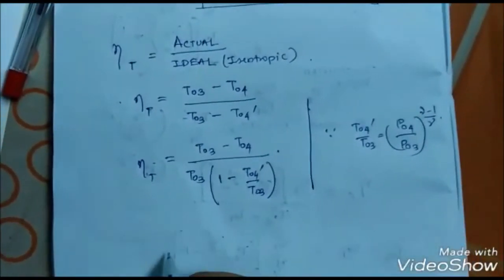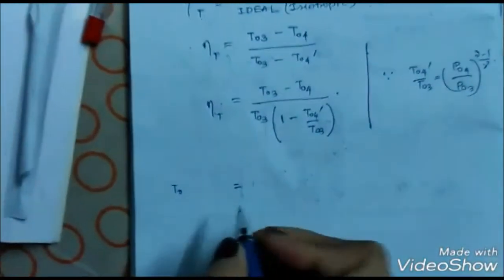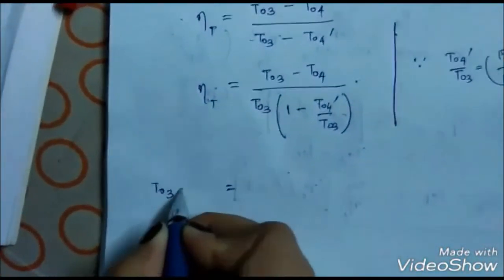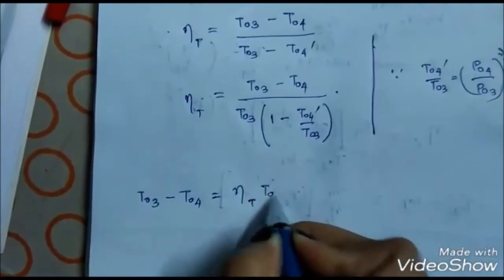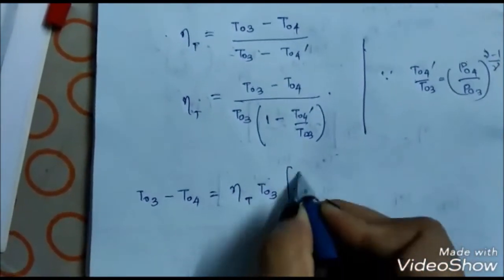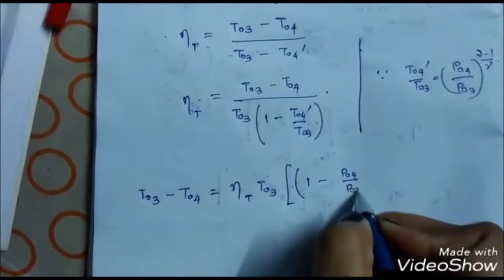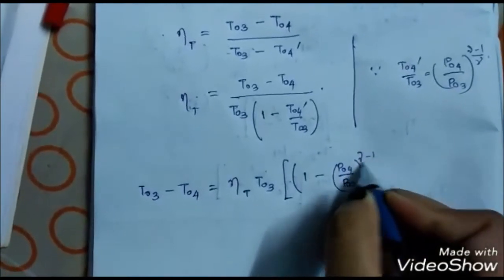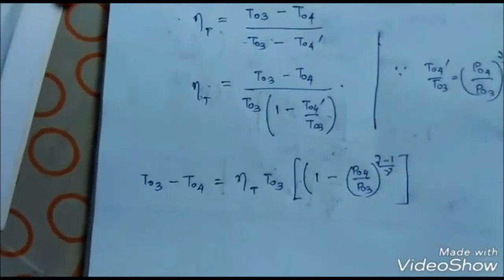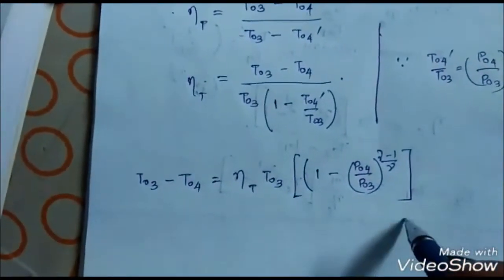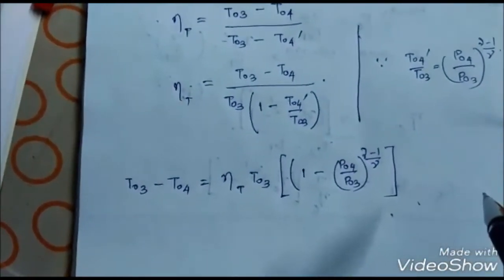So we are going to apply it over here. Then overall we can write like this: T03 minus T04 equals eta T into T03 in the bracket 1 minus P04 by P03 to the power gamma minus 1 by gamma. This is one of the expressions to find this relation.